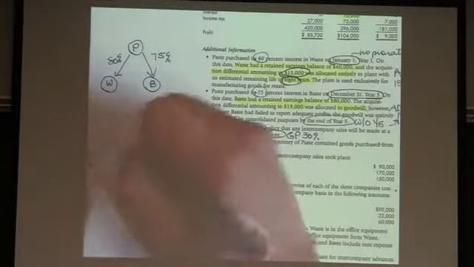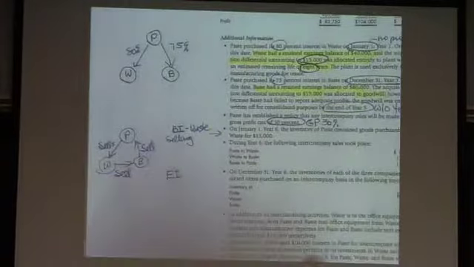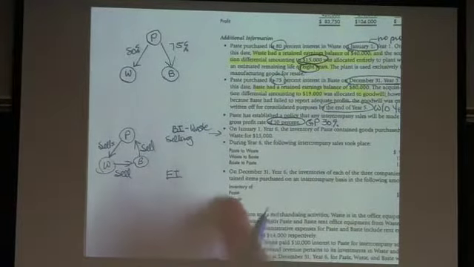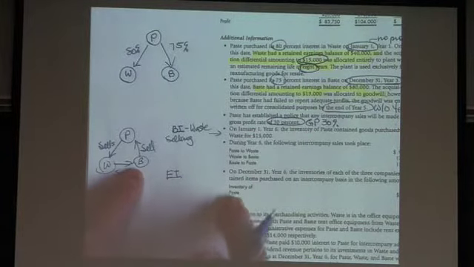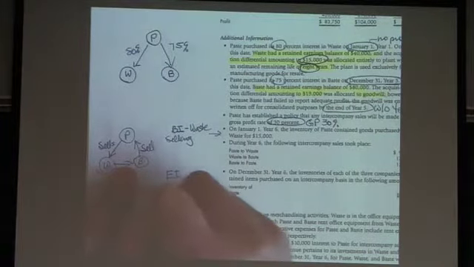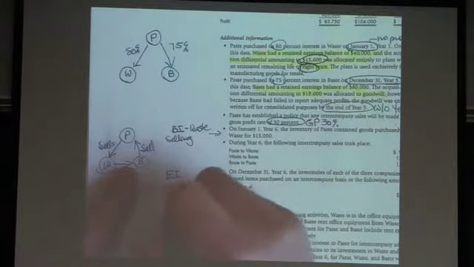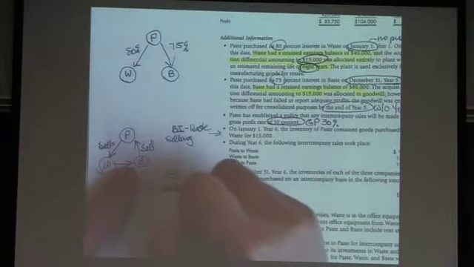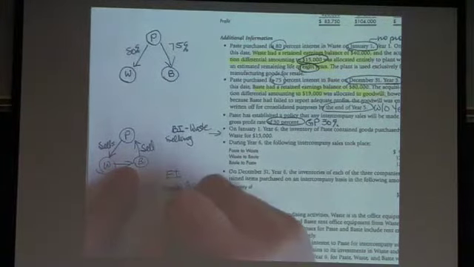And B to P. So now I need these relationships to determine who sold. So if P has inventory, that means that it must have been sold by B, right? So let's write down ending inventory, B selling. Just say B, just to make it easier to write. And that is 90,000.